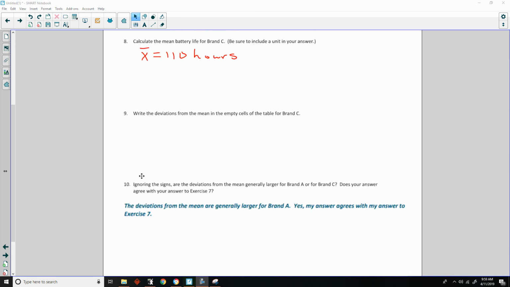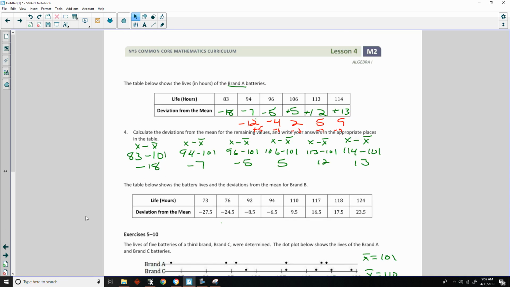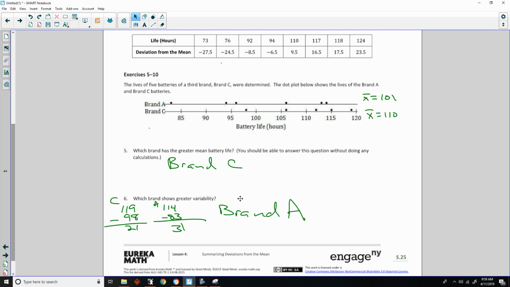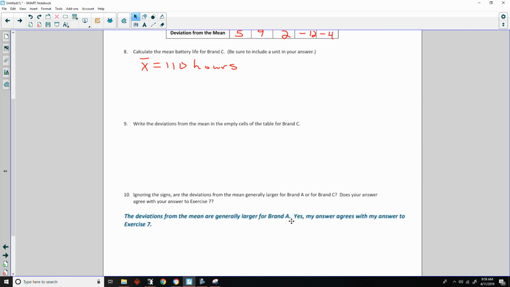Okay, so the deviations from the mean are generally larger for brand A, and yes, my answer would agree with my answer to exercise 7, which is right here. First, what we just did was look at the dot plots. Then we calculated the deviations from the means, and we determined that that is true.